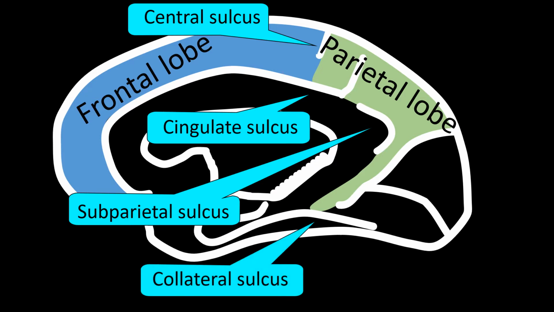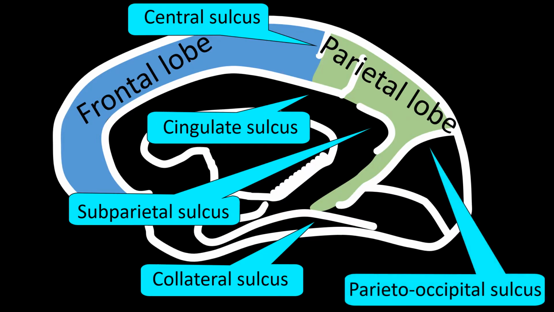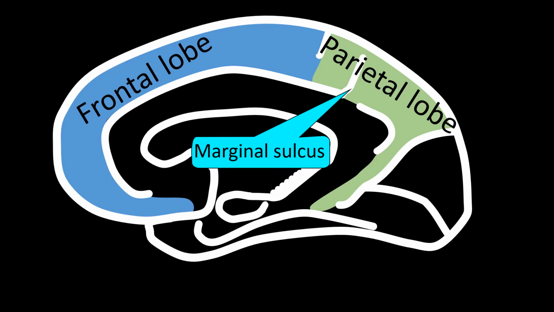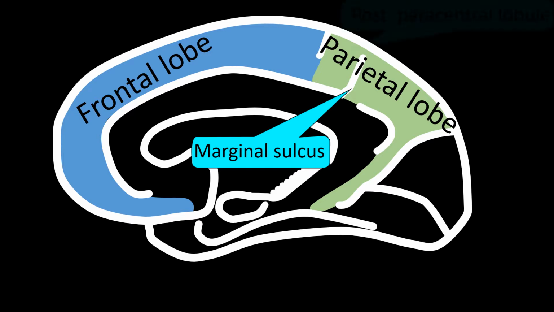The parietal lobe in the mesial surface extends all the way down to the collateral sulcus, bound posteriorly by the parietal occipital sulcus. The parietal lobe in this view is divided by the marginal sulcus.